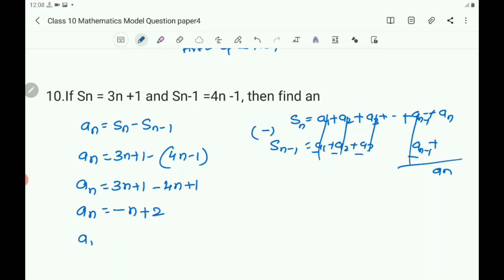So you will get An is equal to 2 minus n. An equals what? 2 minus n. That is the relation. Here Sn is 3n plus 1, Sn minus 1 is 4n minus 1. It is given here. Then here if you subtract this 4n minus 1 from 3n plus 1, you will get 2 minus n.